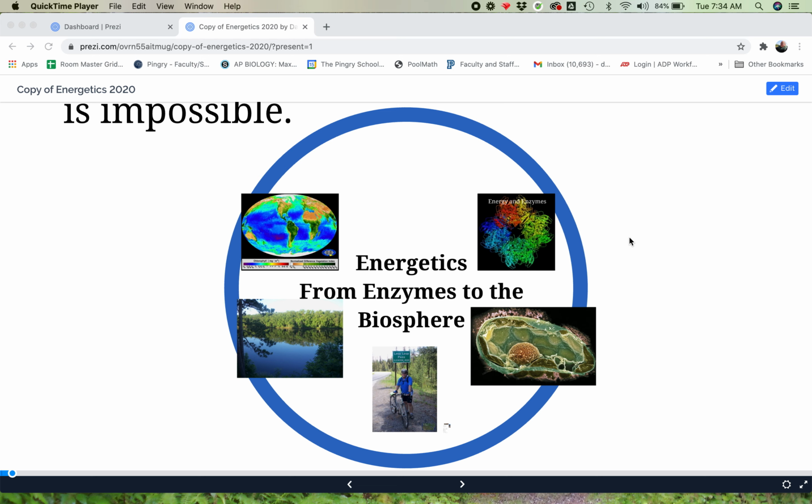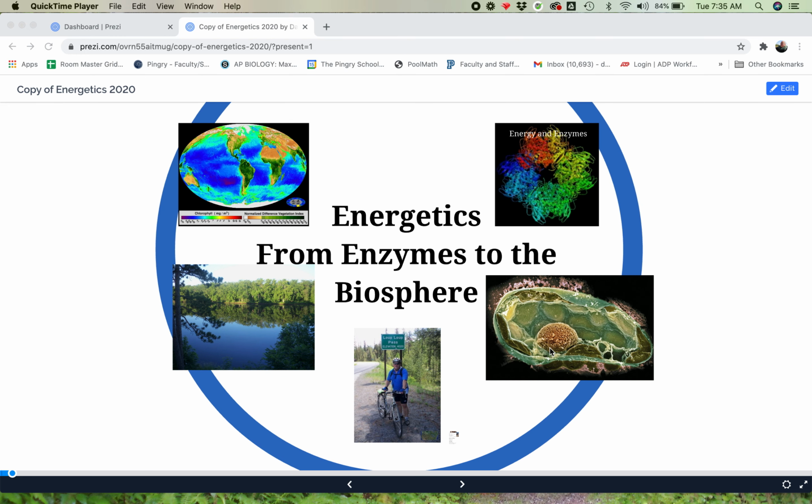This unit's about energetics, about how energy flows through biological systems, and we can look at it on all kinds of different levels, from the level of the entire planet, ecosystems, individual people. We talked about my bike ride. We can talk about it on the cellular level and on the molecular level.